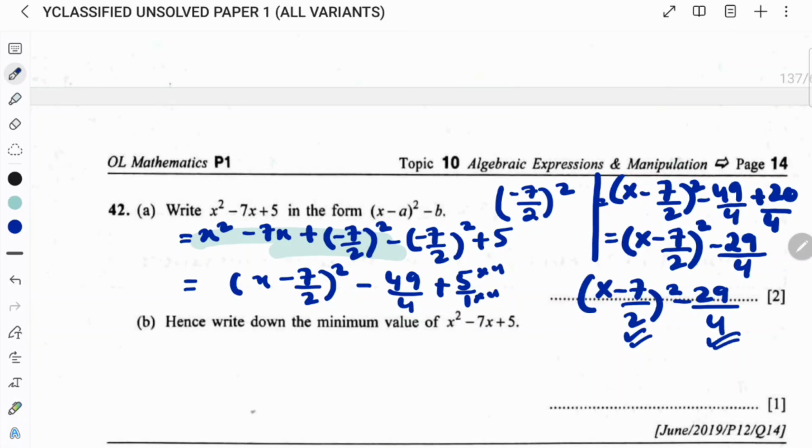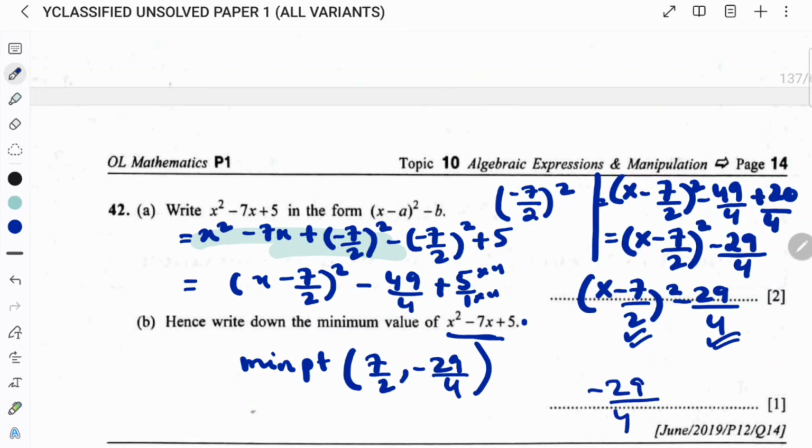So the coordinate of the minimum point is 7 upon 2 and minus 29 upon 4, but they are saying minimum value of what? This is y. So the y value is minus 29 upon 4, the minimum value whenever you make the graph of it. So for example, the minimum value is minus 29 upon 4. This thing you will write down.